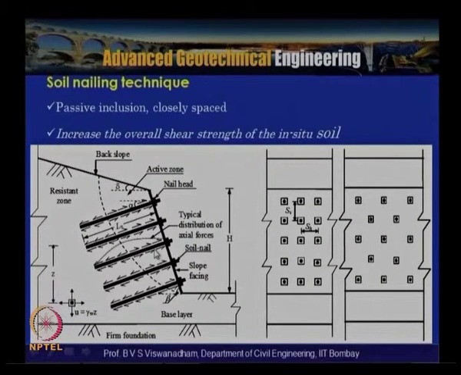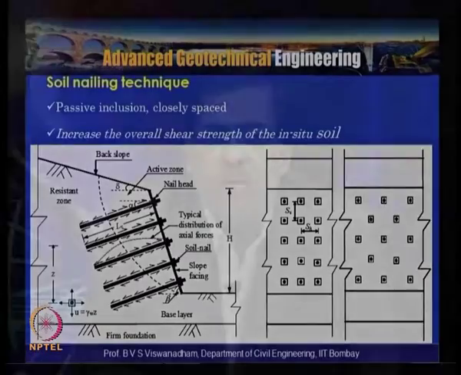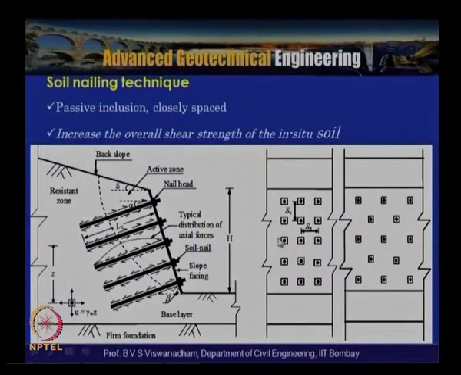So now looking into what the inclination and the length of the nail should be, and what the facing should be, how these affect the slope stability parameters can be looked into. As we have discussed, the soil nailing technique, particularly the passive inclination technique, has nails closely spaced along the horizontal surface, and two patterns are possible.